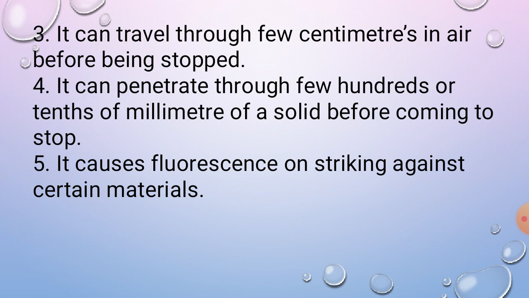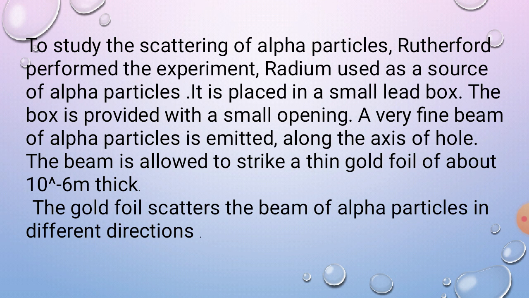Then it can travel through a few centimeters in air before being stopped. It can penetrate through a few hundredths or tenths of a millimeter of a solid before coming to a stop. It causes fluorescence on striking certain materials.